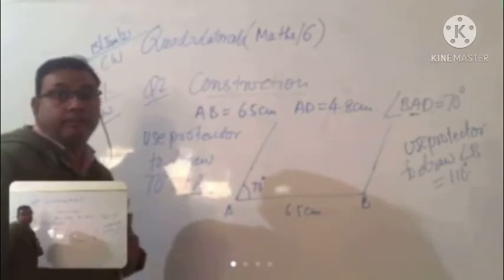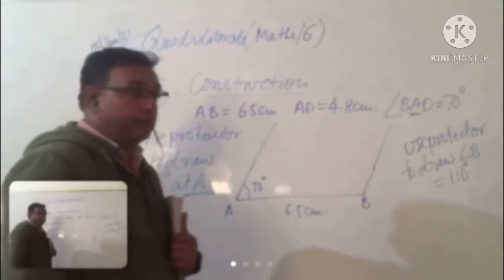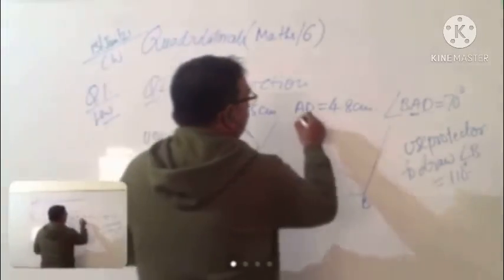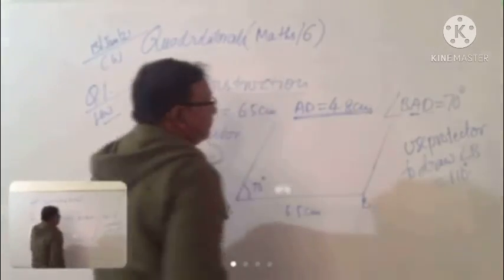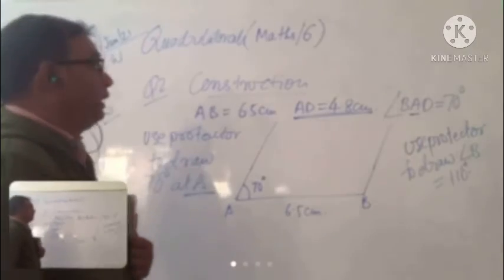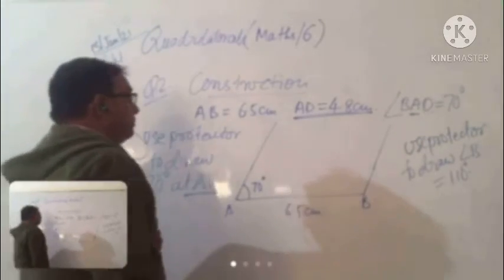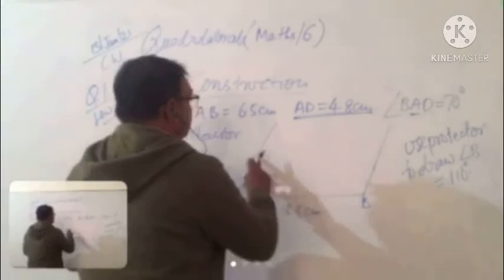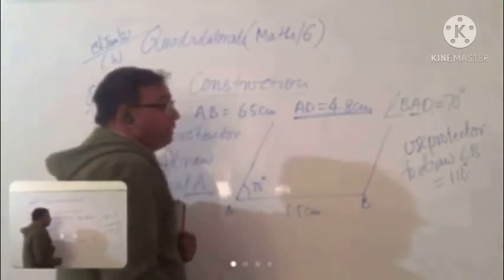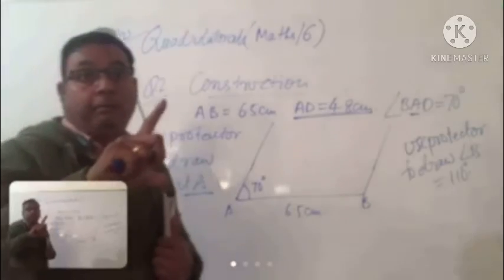Now you see, for this construction, the last thing, AD is equal to 4.8. Everyone take a radius of 4.8 in your compass. Take a compass, put a pencil, and then take a scale and measure 4.8 as a radius.